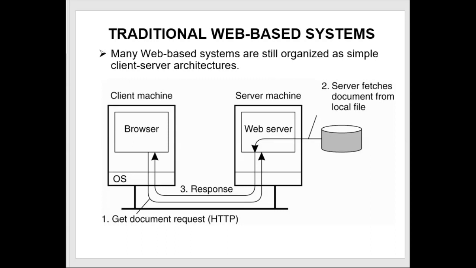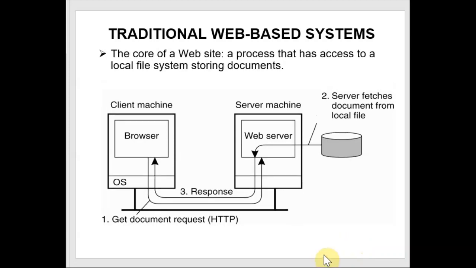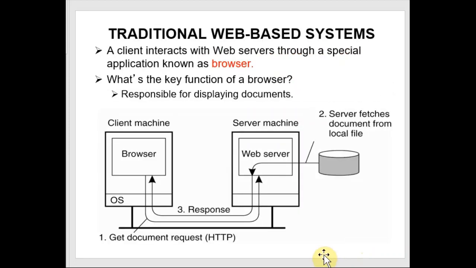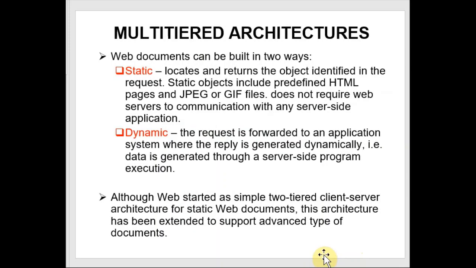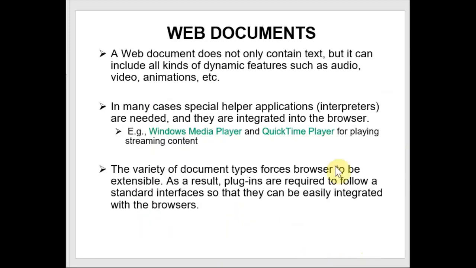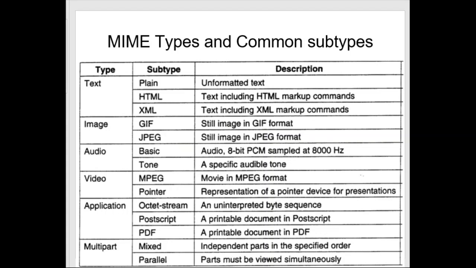Some common top level types are shown in this particular table. There are various MIME types and common subtypes of the same. So there is a text, image, audio, video, application, and multipart type, and these are the subtypes of the same.